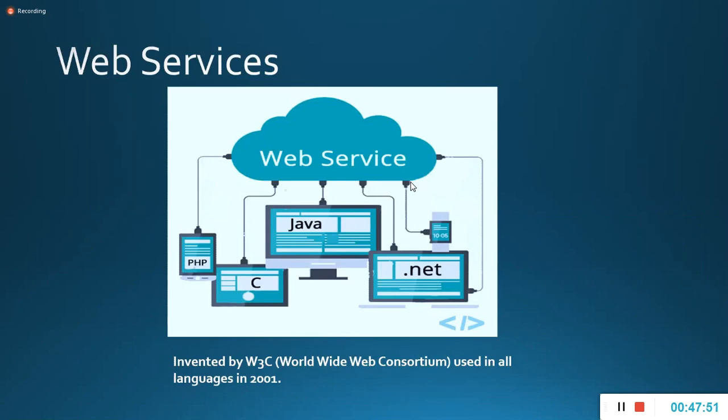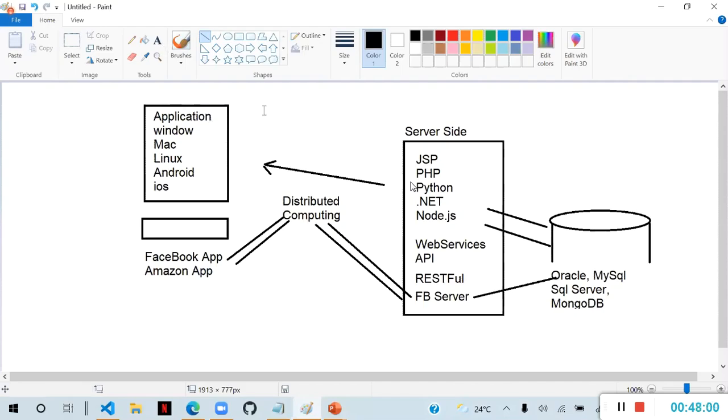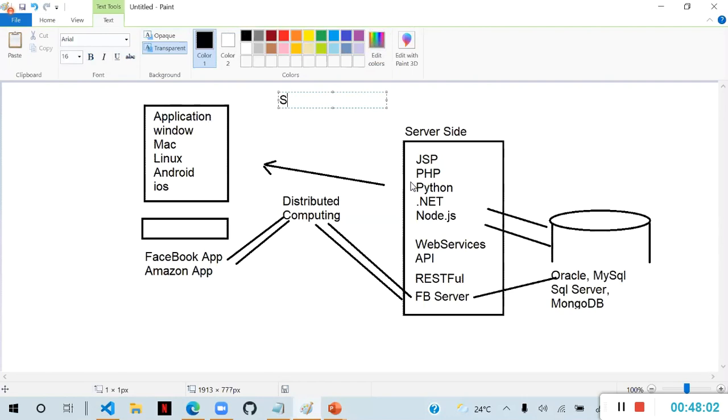But actually, web services have three specifications: SOAP, REST, and JSON.